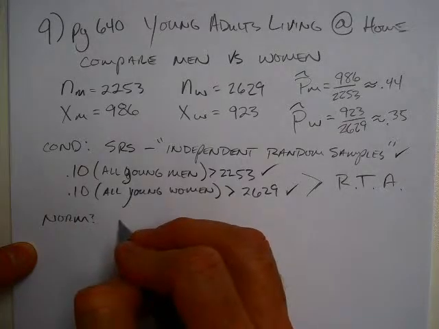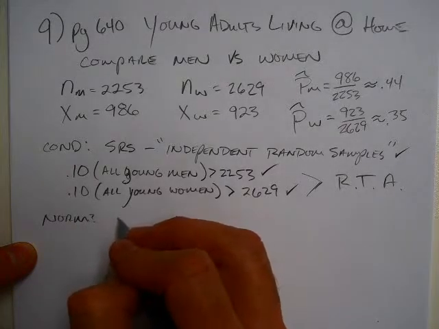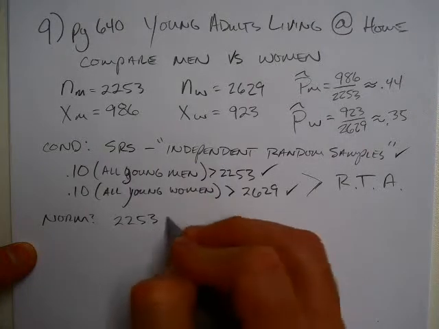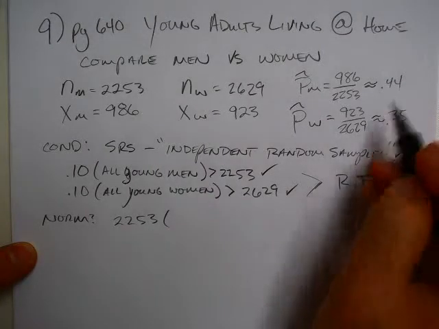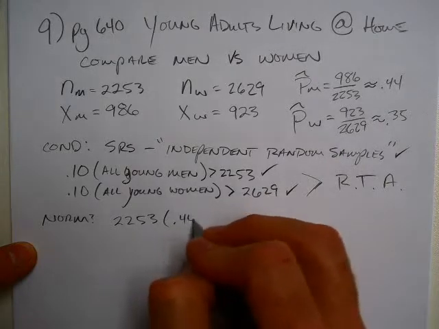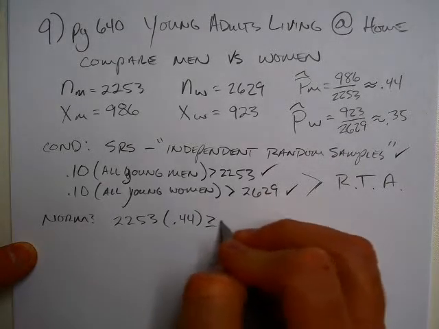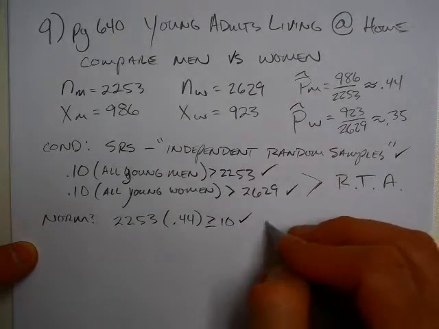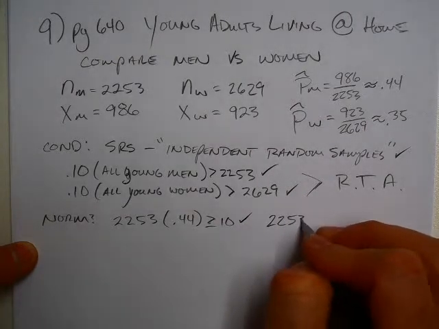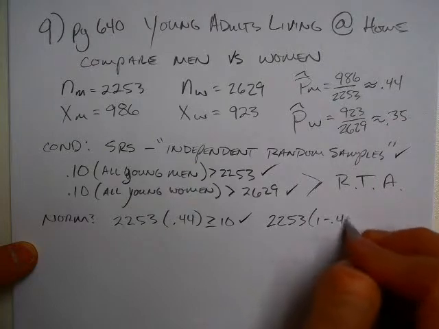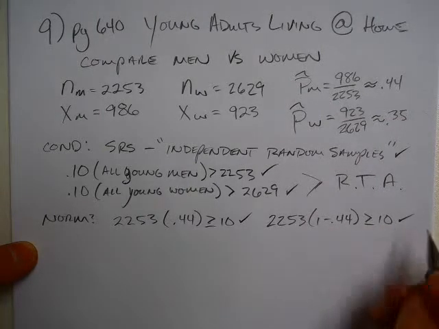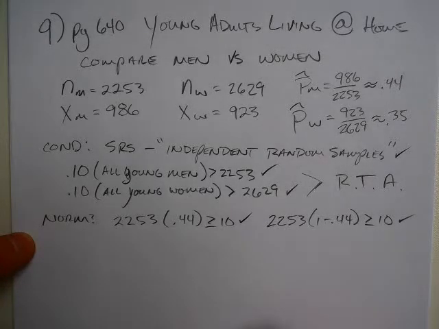So that's going to be n p hat, in this case, 2253 times 44%. Is that greater than or equal to 10? You bet it is. And is 2253 times 1 minus 0.44 also greater than or equal to 10? I don't think I need to calculate that. Yes.